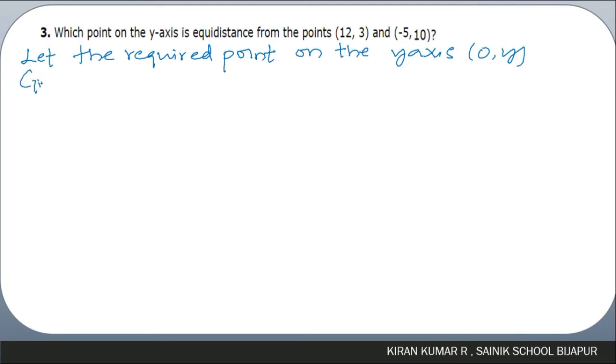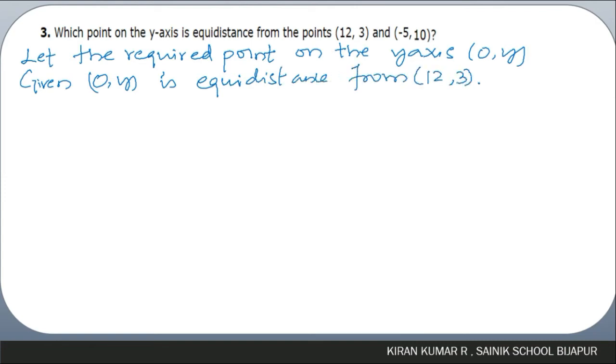According to the question, 0, y is equidistant from 12, 3 as well as minus 5, 10. So the distances from this point to these 2 points are equal.